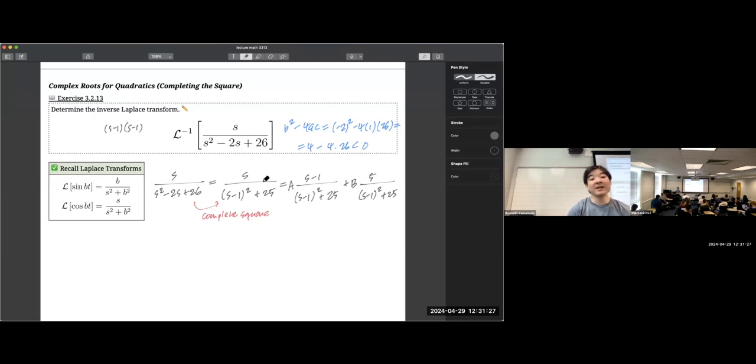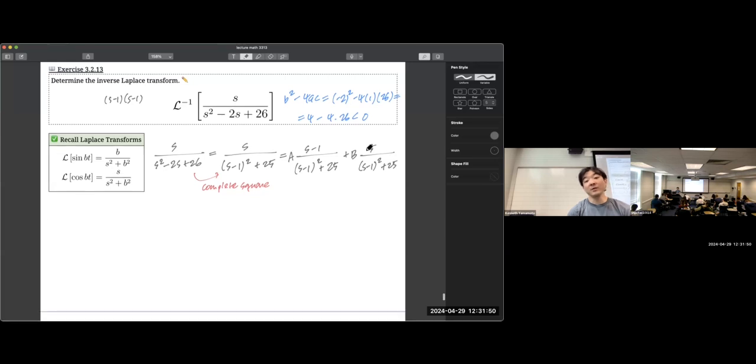But now that I said this is equal to this, I put A and B here because you have to find what A and B must be in order for this equality to hold true. So I decompose this into a shift of a cosine and a shift of a sine, but I need to find this A and B so that this equality still holds.